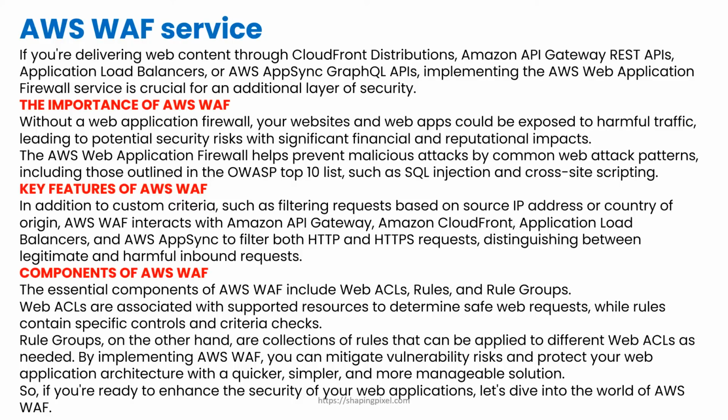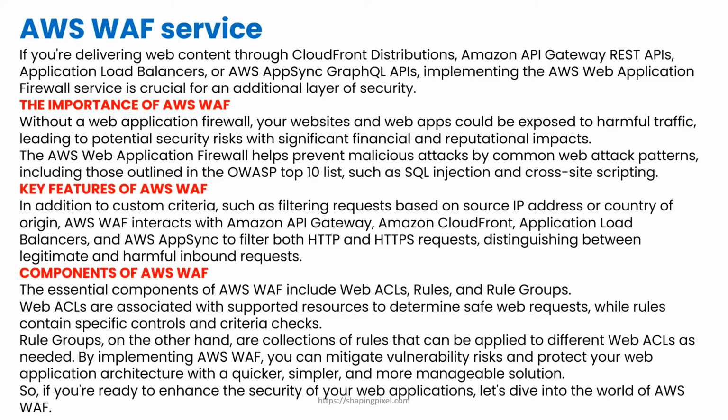The essential components of AWS WAF include web ACLs, rules, and rule groups. Web ACLs are associated with supported resources to determine safe web requests, while rules contain specific controls and criteria checks. Rule groups, on the other hand, are a collection of rules that can be applied to different web ACLs as needed.